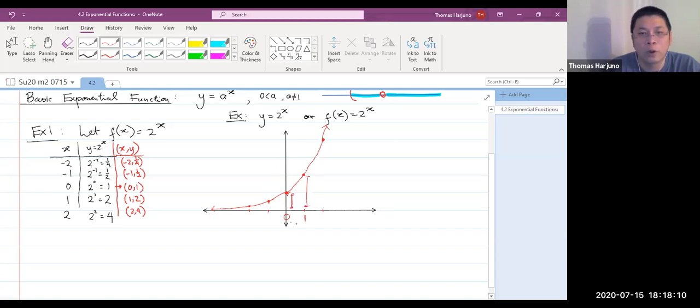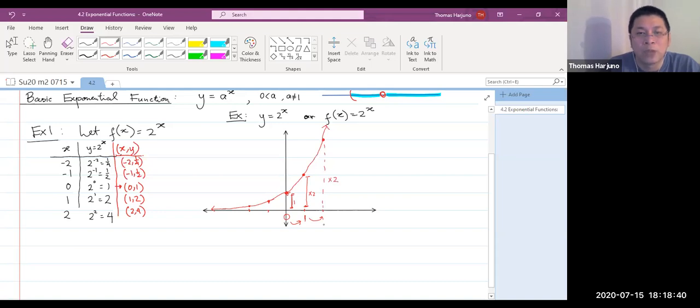It's not like a linear function. In a linear function, every time you move to the right, you add or subtract a certain constant, which we call the slope. Right now, you actually multiply because the base is 2. Every time you go to the right, you multiply by 2. When I go to the right 1 more unit, whatever the previous result was, 2 now becomes 4.